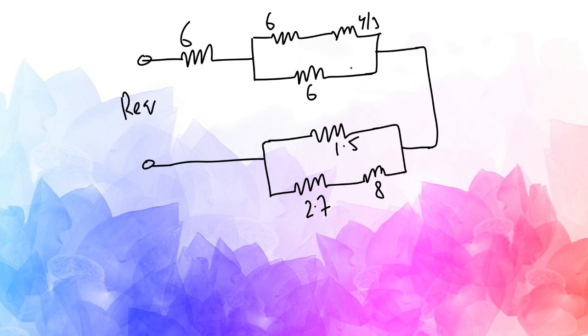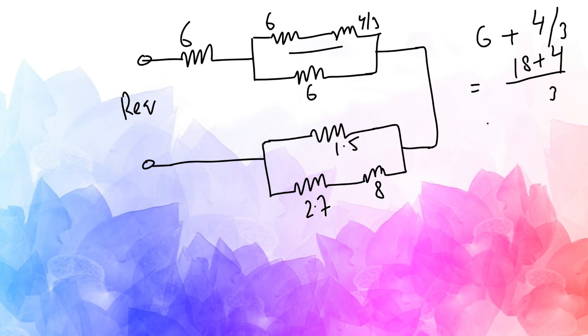Now what will happen? This is 6, 6 plus this portion, 6 plus 4 by 3. How much is that? 18 plus 4 by 3, so 22 by 3, about 7.3.